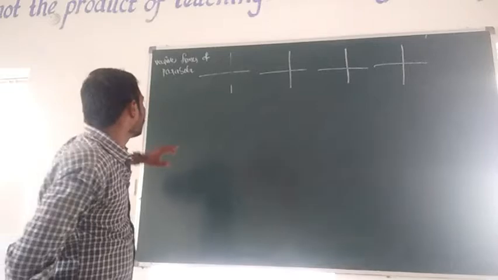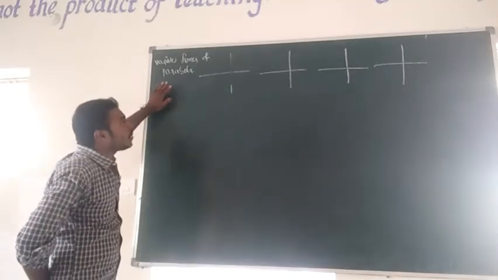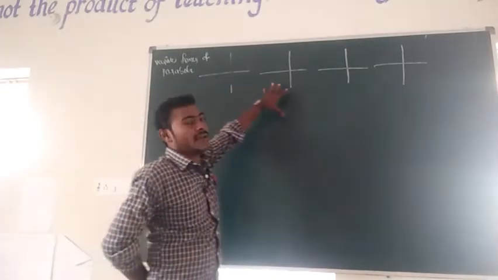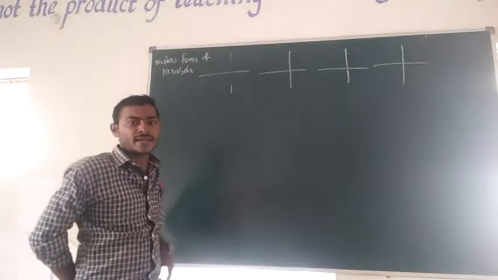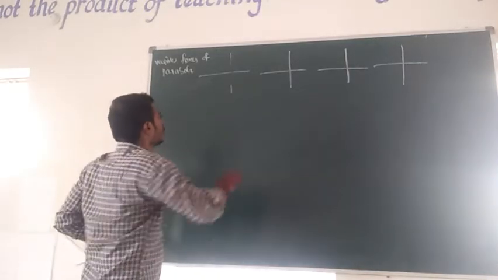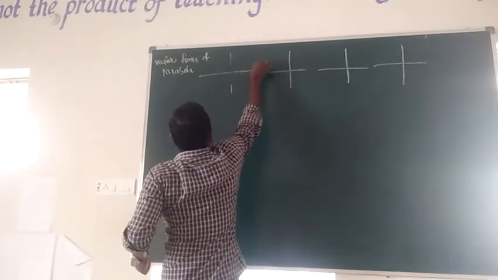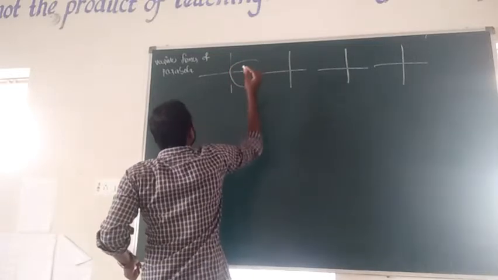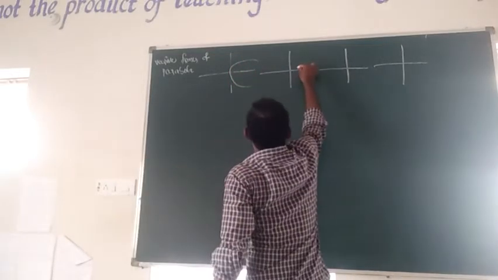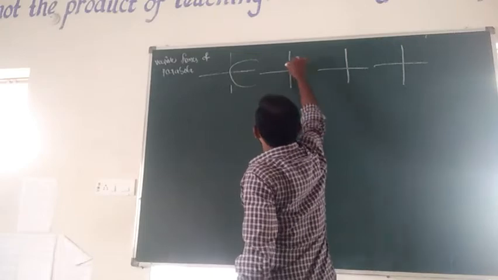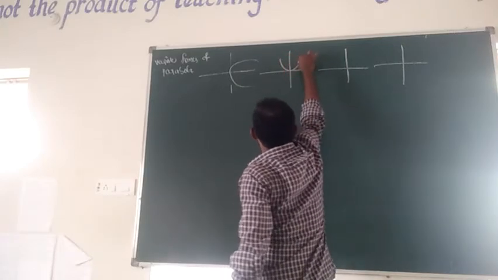Now coming to the various forms of parabola, we are taking the x-axis and y-axis. We have taken the real axis system, and the curve lies like that. These are the different forms of parabola, going in the anti-clockwise direction.